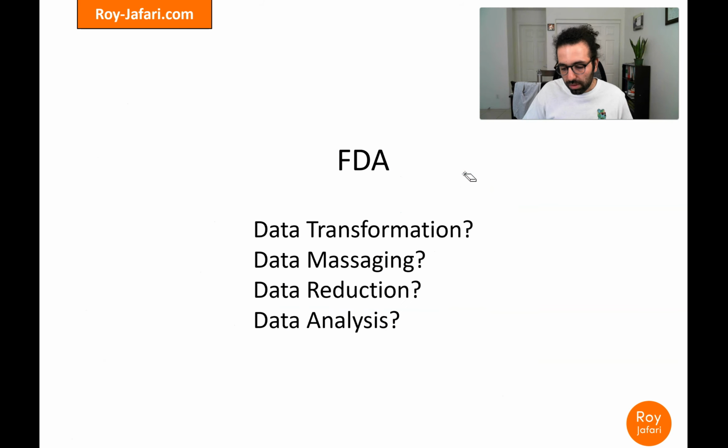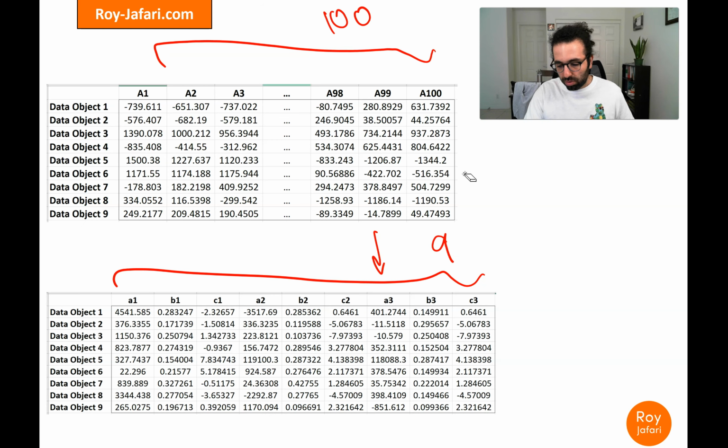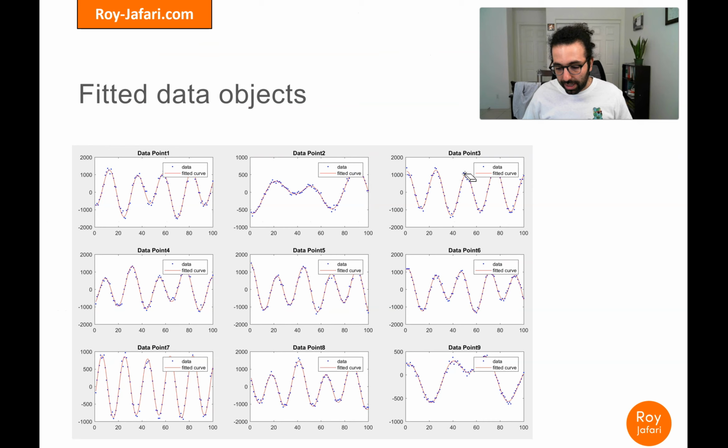So, one thing we need to pay attention to here is that, like I said, FDA is not just an unsupervised dimension reduction. It could be used as data transformation, data massaging, data reduction, and data analysis. Here we did use it as data reduction because we reduced the data. At the same time, we transformed the data by making sure that there are no noises.